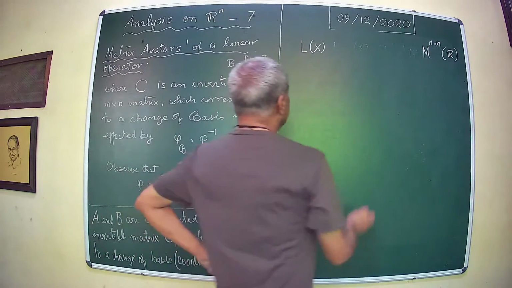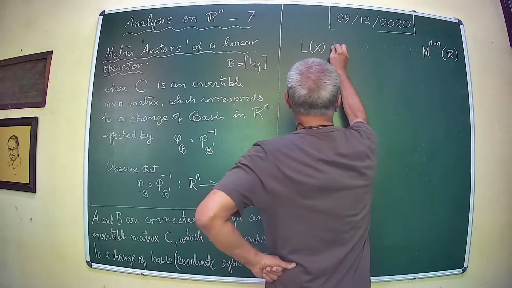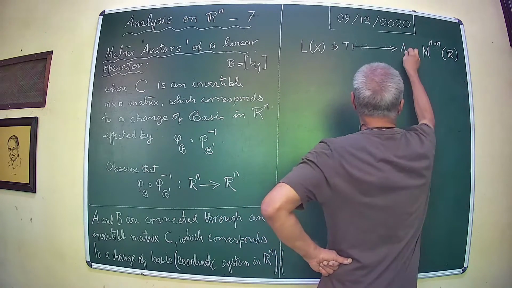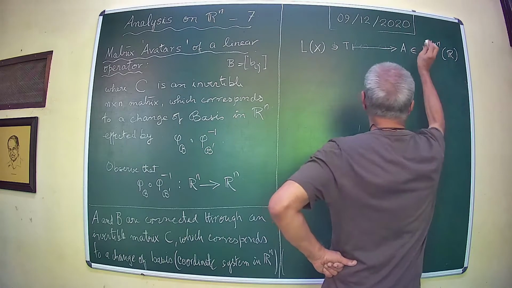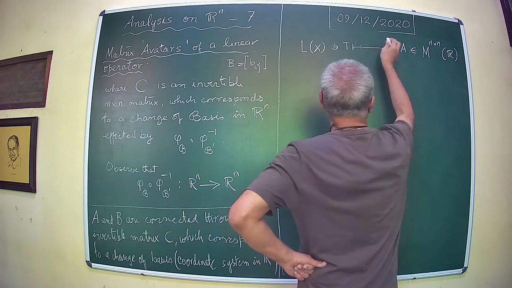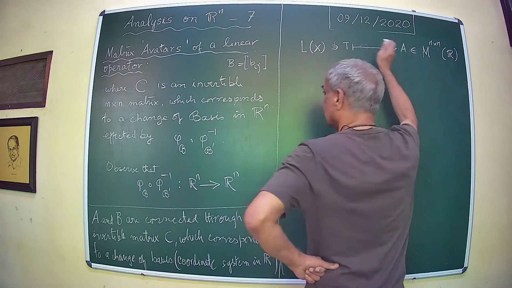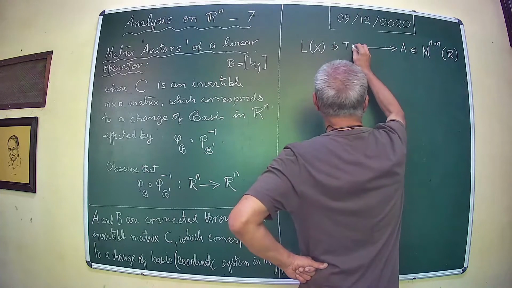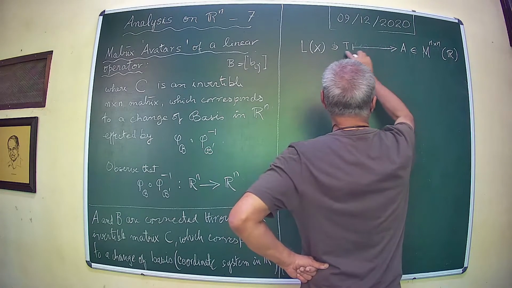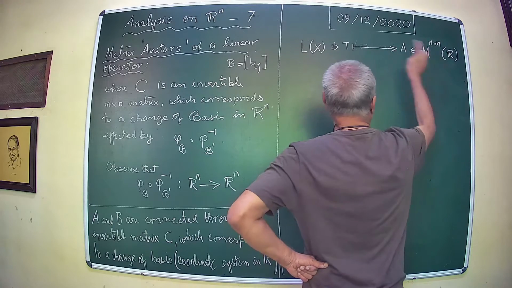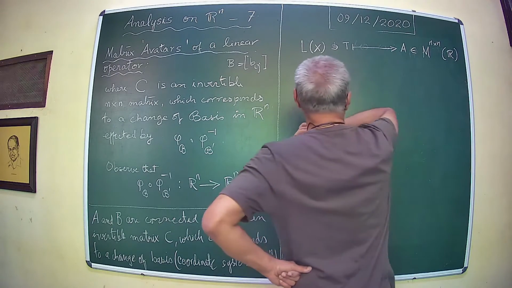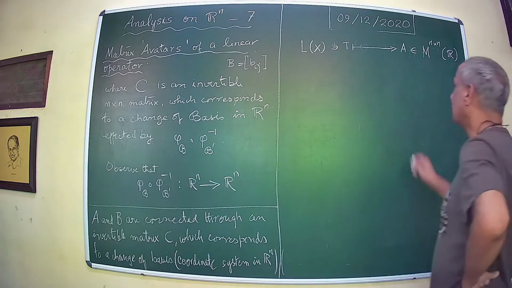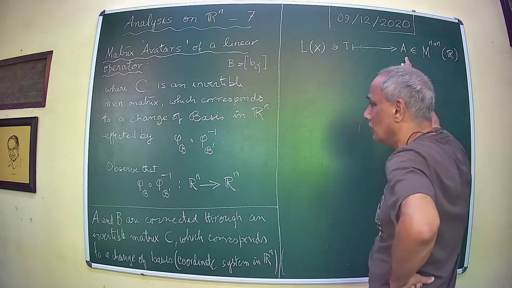Now you see that if you have a T, it is mapped to some A belonging to this, and this is effected through a sort of map between R^n and R^n. Right? Now you see that this mapping is not a unique map.